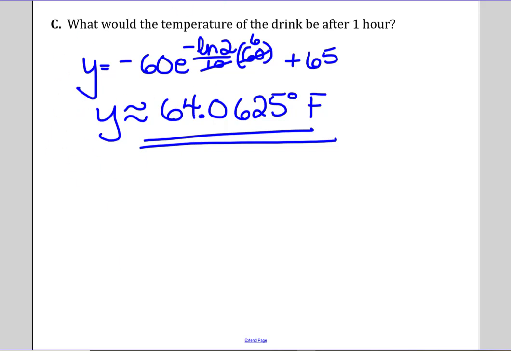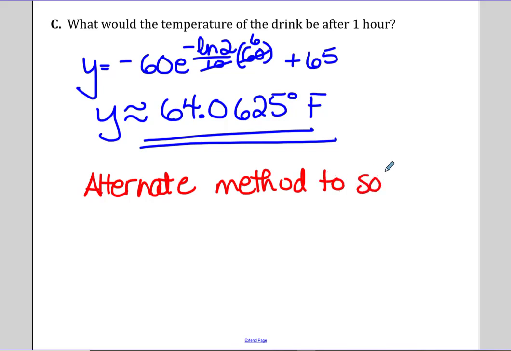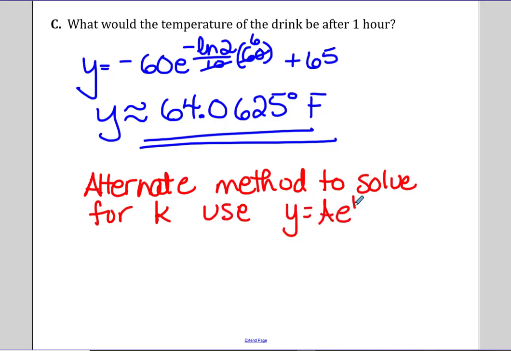There is an alternate method, I should mention that. You can solve for k. Let's talk about this. I'm going to write the notes down here. An alternate method to solve for k: we could use y equals a e to the kt plus 65.